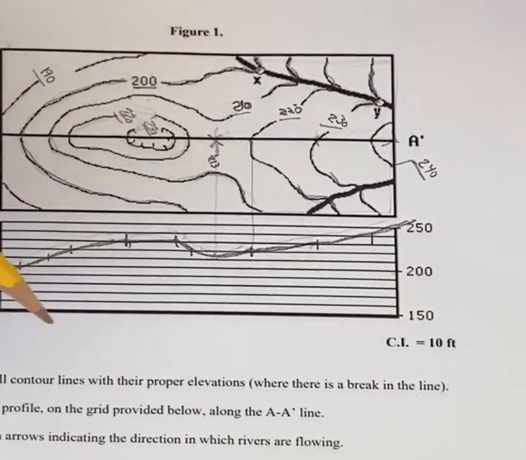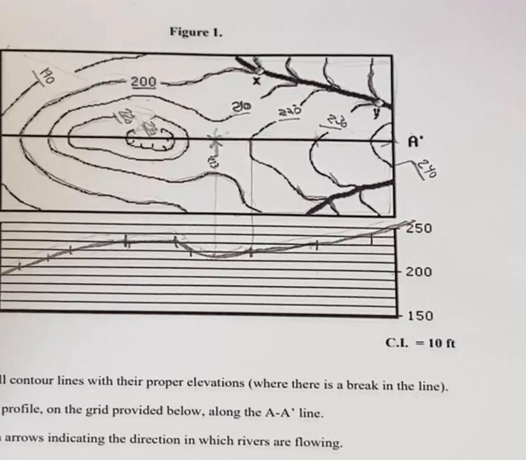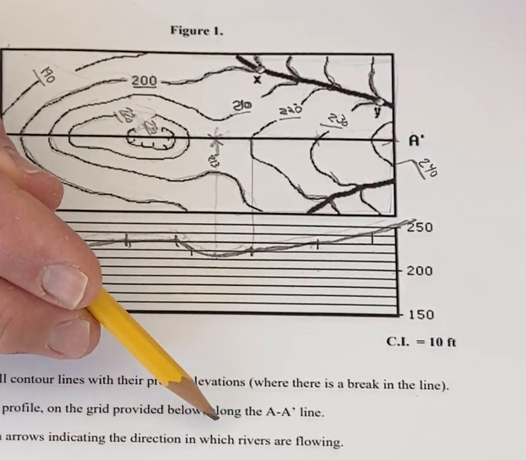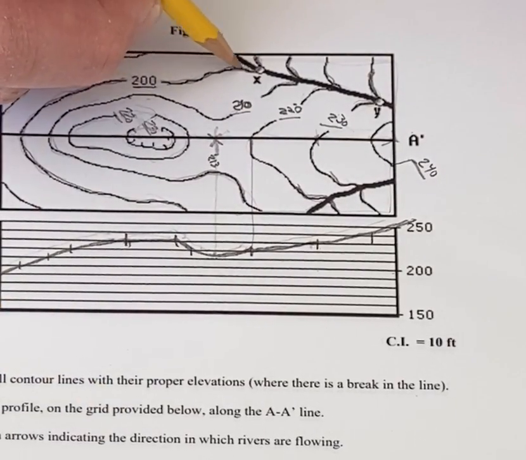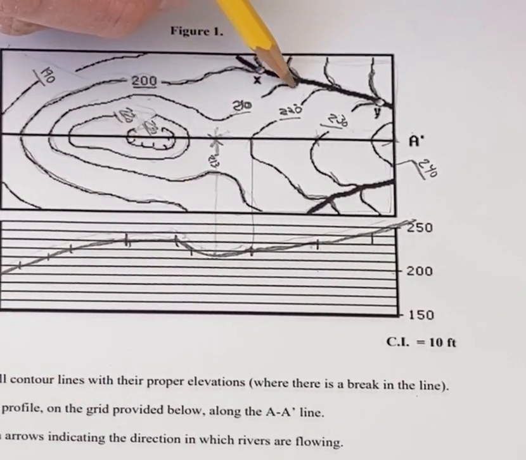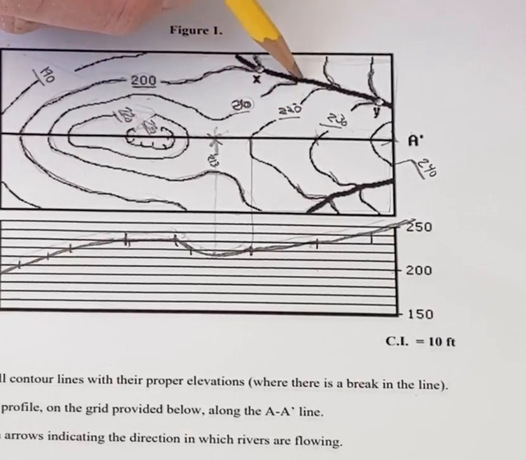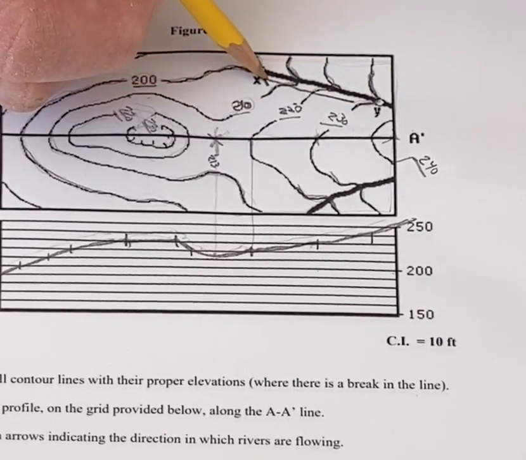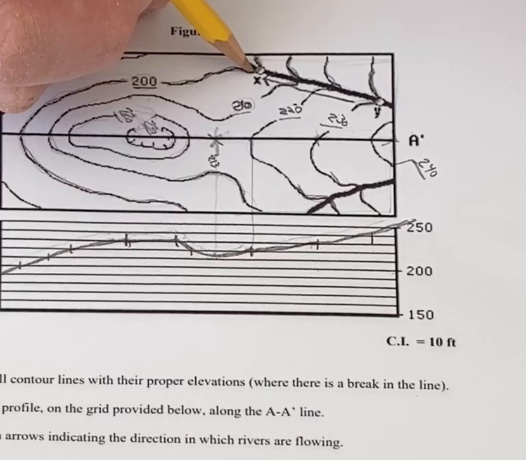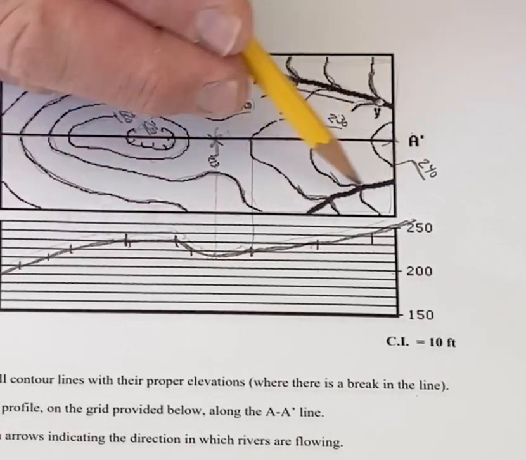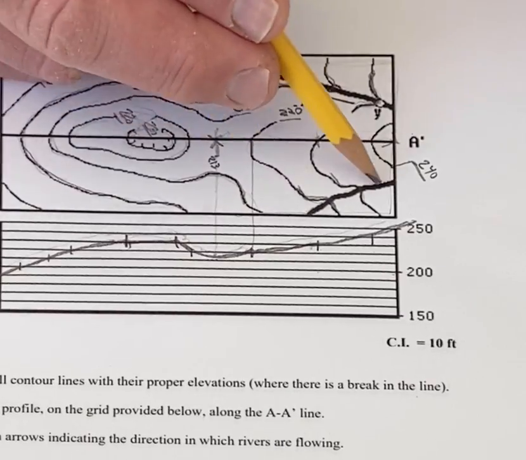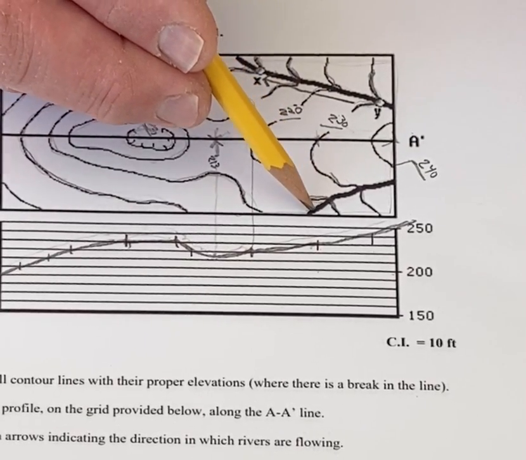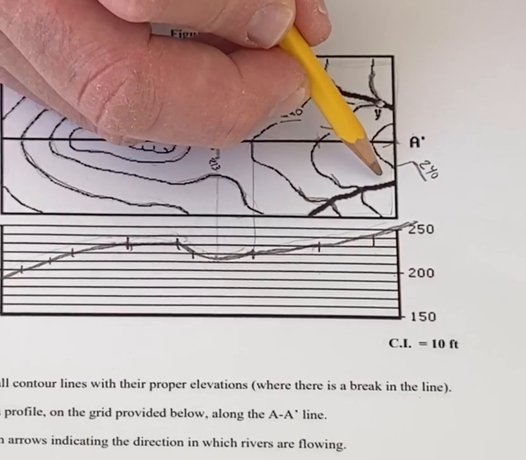Okay, so all that being said, if we look at this, and we kind of determined this earlier, number 3 here says draw in arrows indicating the direction in which rivers are flowing. Okay, so if this is a canyon and this is 200, and this is a canyon 210, 220, 230, then the river water is flowing from Y to X in this river, and this one doesn't have any letters or variables to indicate what they actually are, but this river would be flowing which way?